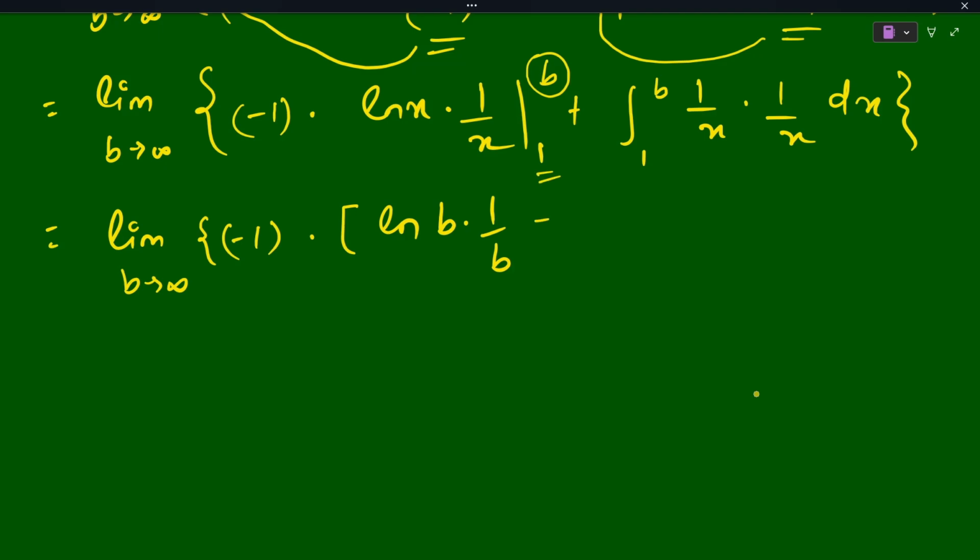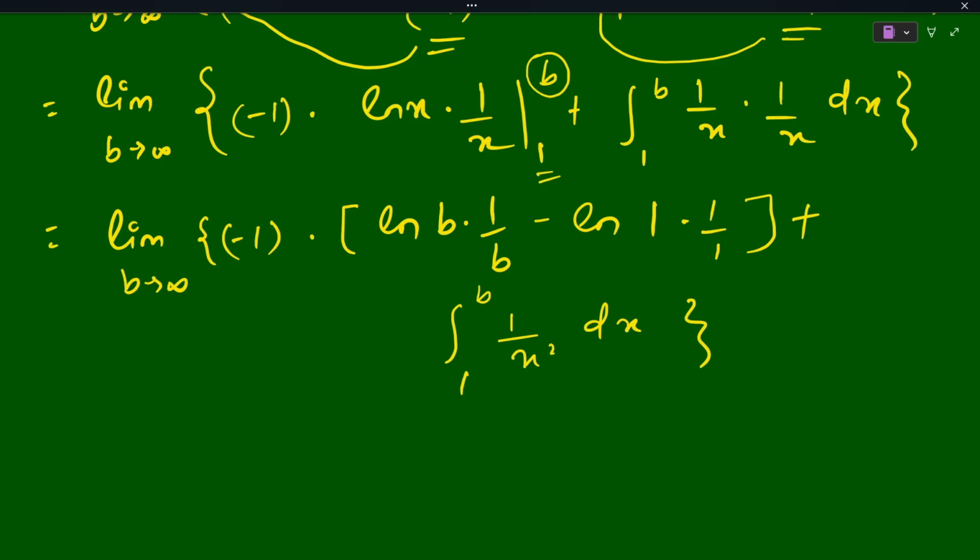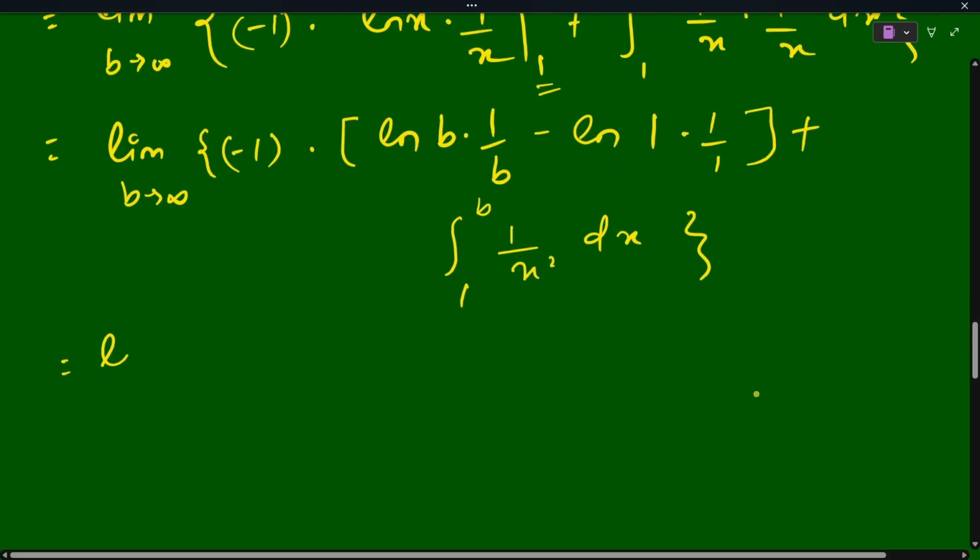The lower limit is 1, so it would be ln 1 into 1 by 1, then plus this value is 1 by x square dx, and the limit is again from 1 to b. Okay, so now solve.